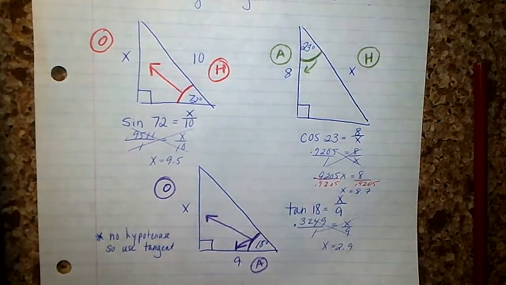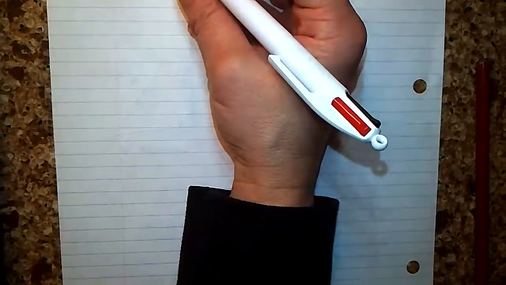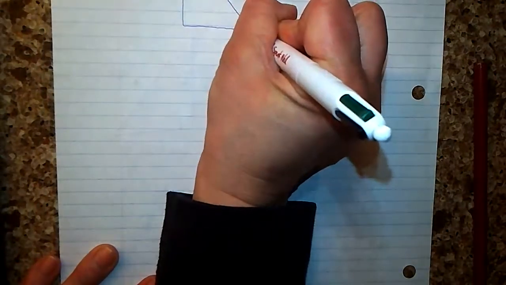Remember, it's all about the angle that they give you. The same thing is true when you are trying to find an angle. Let's say I want to find this angle up top.